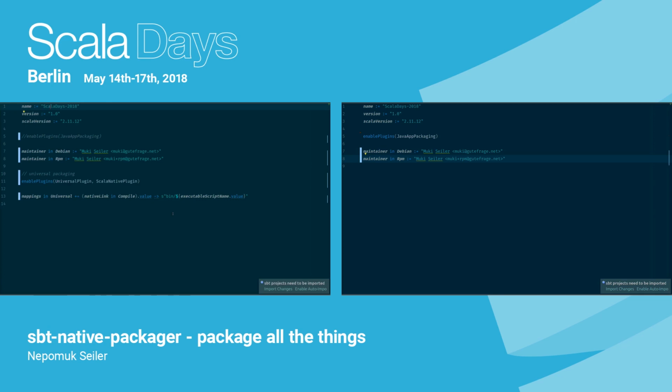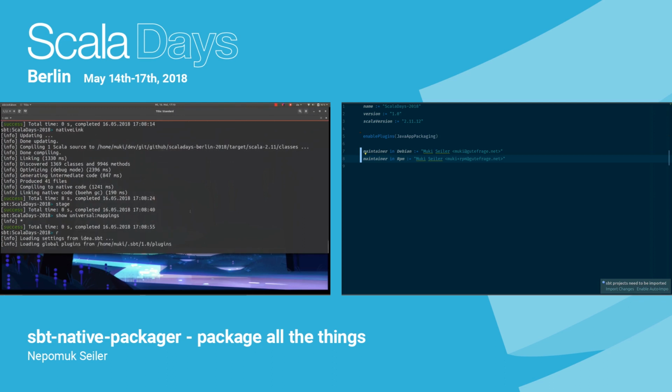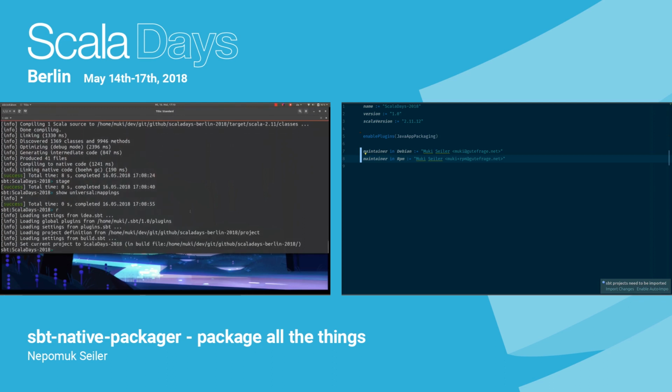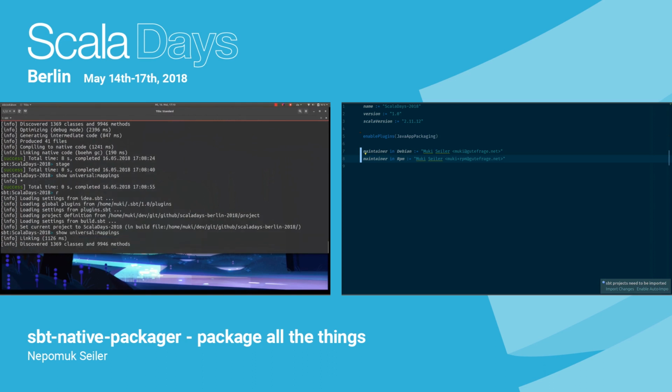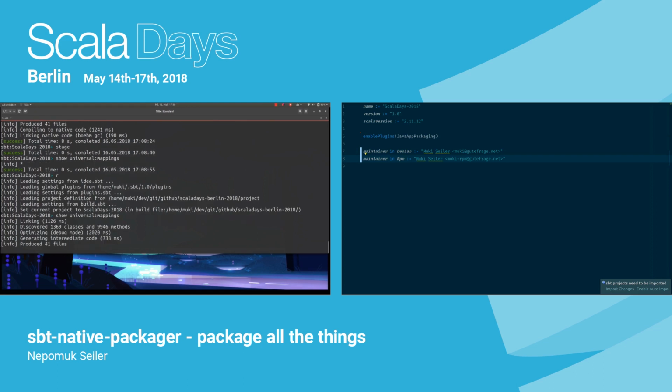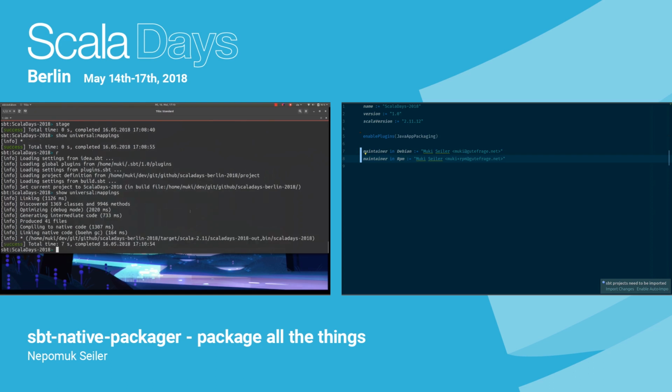Now we added our binary to our package, with a sensible path, we reload. And let's take a look at the universal mappings. You see that the compilation step is happening now. And there's one mapping added, which is our output file to bin Scala Days.